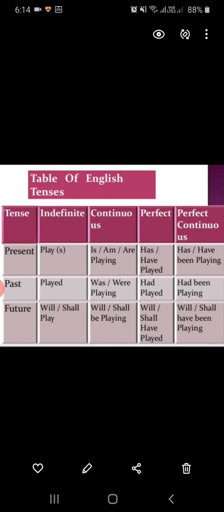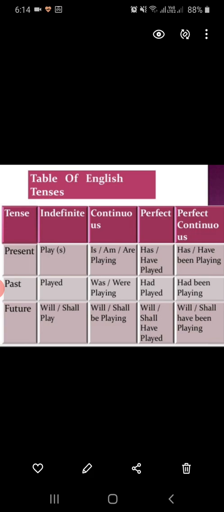Second is past indefinite. Past indefinite, subject plus second form of the verb. Past continuous, was, were plus the ing form of the verb. Past perfect, had plus played. Past perfect continuous, had been plus the ing form of the verb.